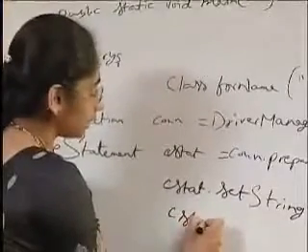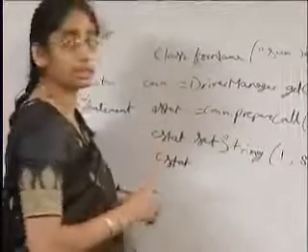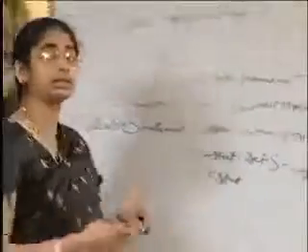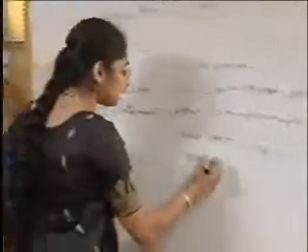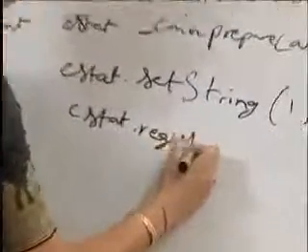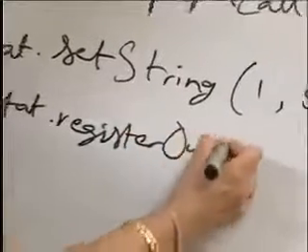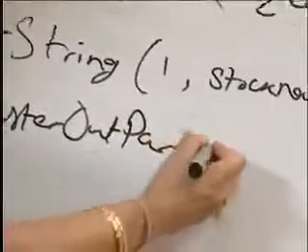The second parameter, as it is an out parameter, you need to register it with its SQL type, so you can retrieve back in the same data type when you get back the results. So cstat dot register out parameter.